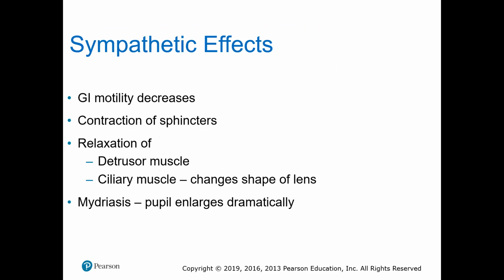Your pupil gets very wide, so people often said, your eyes just got real big. Yeah, because they're experiencing a fight or flight response. They got real big so they could see better. Not something that you think about. We've often said, well, your eyes got real big there for a second.